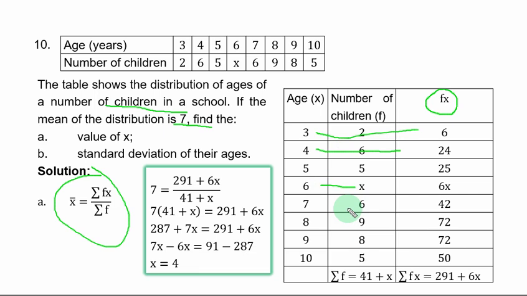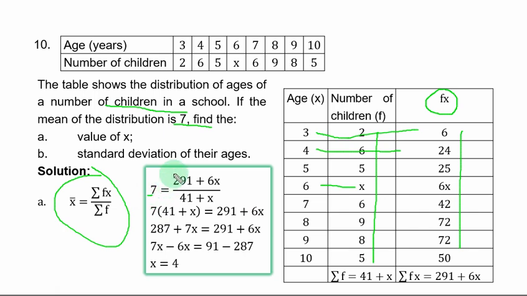Summation means you add the two columns for f and fs, you add them down. So if you add this column down, you have 41 plus s. You add this column down, you have 291 plus 6s.